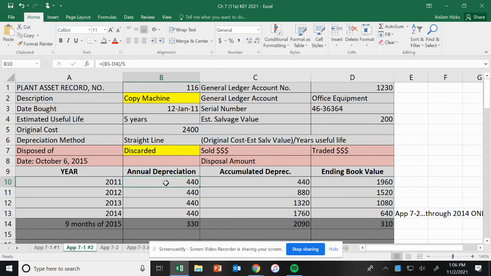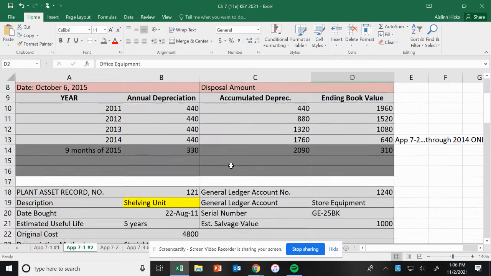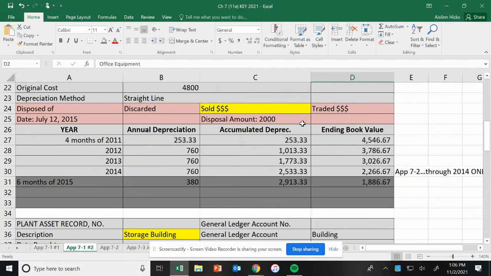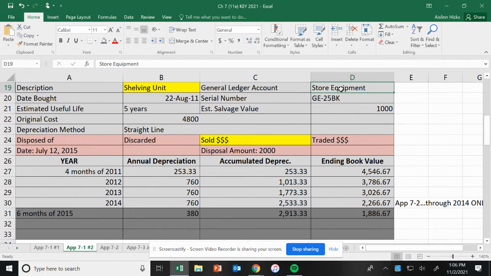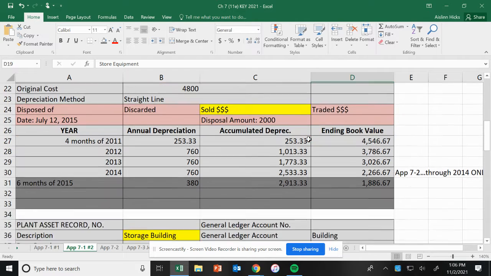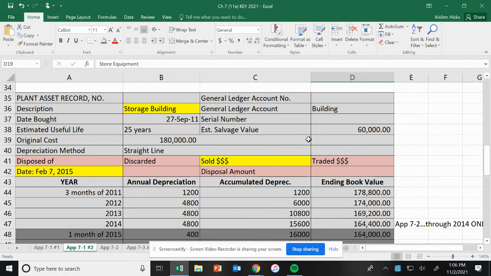I'm going to add all of those numbers, 440 plus whatever, and do one debit to depreciation expense office equipment, one credit to accumulated depreciation office equipment. I'm also going to do a transaction where I depreciate store equipment. That's going to include the shelving unit. And then finally, I'm going to do an adjusting entry that pulls money away from the storage building.